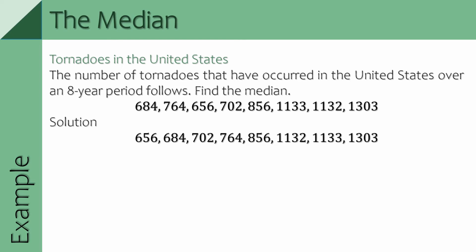For the solution, arrange in order. That is how we arrange in order: 656, 684, 702, 764, 856, 1132, 1133, and then 1303. Next is identifying the midpoint. The middle part is in between 764 and 856.